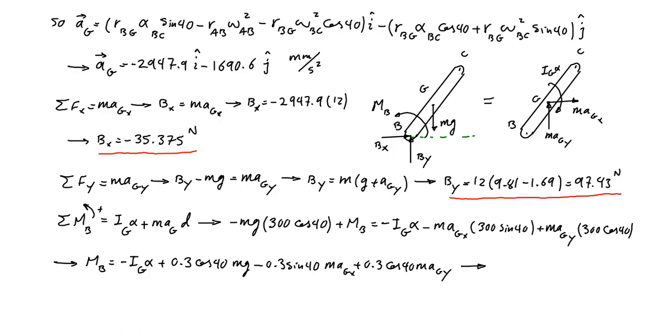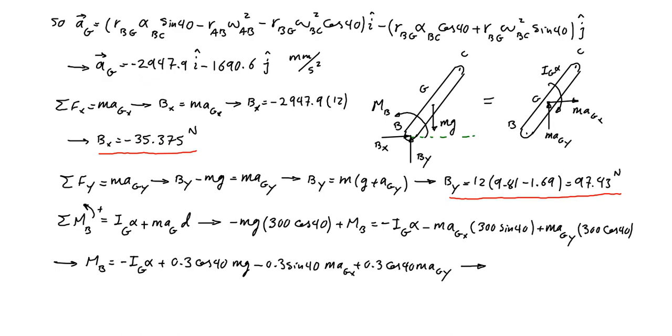I know everything. I G I'm given, it's 3. Alpha I'm given is 4. M is 12 kilogram. 9.8 for g, obviously. A G x, I have it there. Just remember to convert it to meter per second squared, so it's going to be minus 2.947.